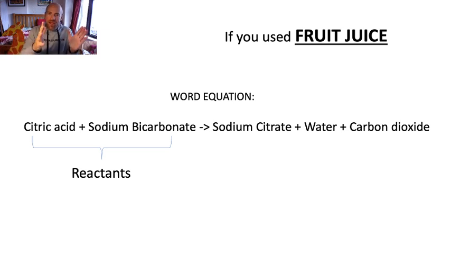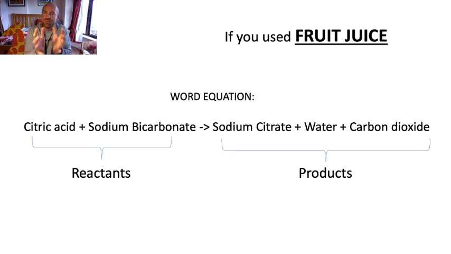Now, a chemical reaction happens, and you end up with three different products being formed. So your citric acid and your sodium bicarbonate, the reactants, the chemistry happens, which we'll look at in a minute, and you end up with three different products: sodium citrate, water, and carbon dioxide.